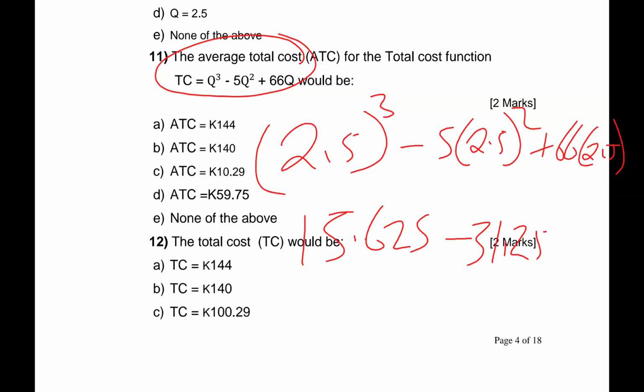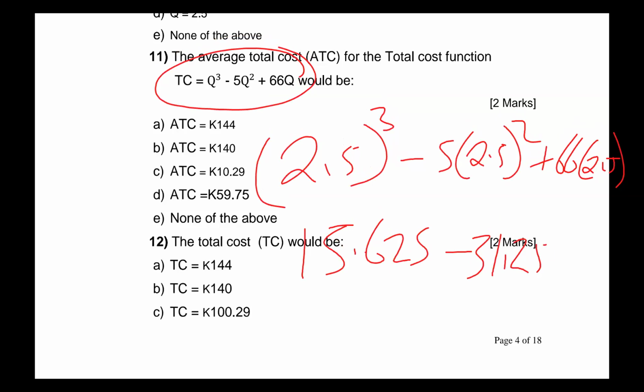Okay, I managed to finish the question. 66 times 2.5 is 165. When you command your calculator, what do you find? 149.375.